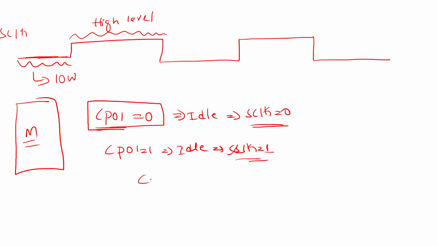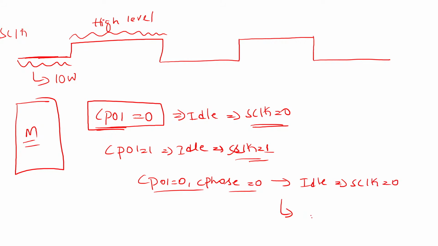Let's suppose my clock polarity is equal to 0 and clock phase is equal to 0. Then my idle phase of clock is 0. My clock will be idle when SCLK is equal to 0, and shifting is done at the immediate positive edge of the clock, that means over here.